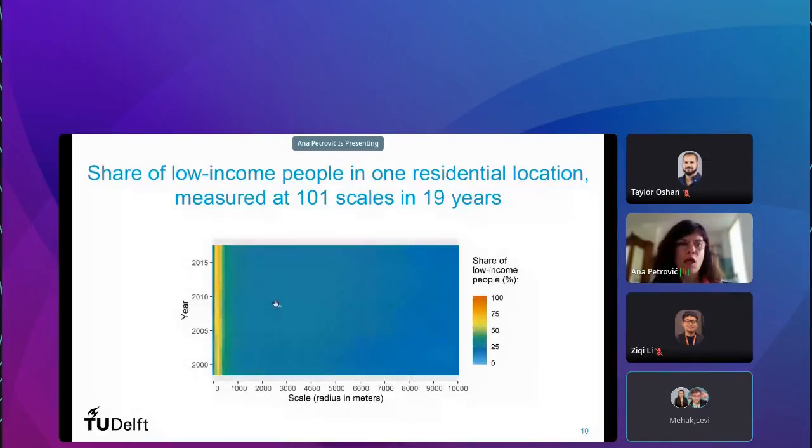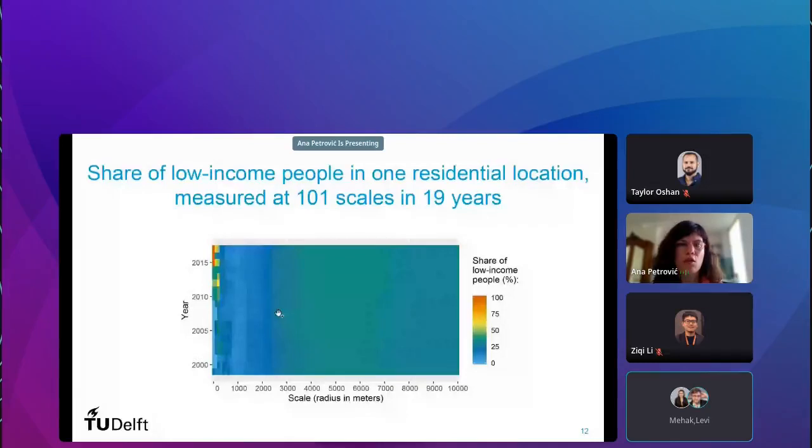Then when we move to another neighborhood, over time it is again the same, and over spatial scale the share of low-income people drops more gradually compared to the first neighborhood that we saw. So here we have a more gradual change over spatial scale.